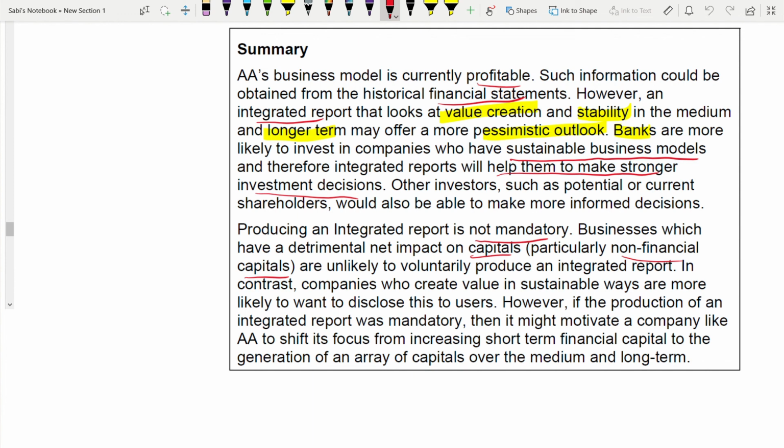Financial capital, profit and all, whether it's positive or negative, you will be able to figure out through your financial statements. But non-financial capital, how do you know about it? Only through integrated reporting. So if your non-financial capitals are suffering, usually you do not want to disclose it in the integrated reporting, because you have nothing positive to show. But in contrast, companies who create value in a sustainable way want to disclose this to the user.